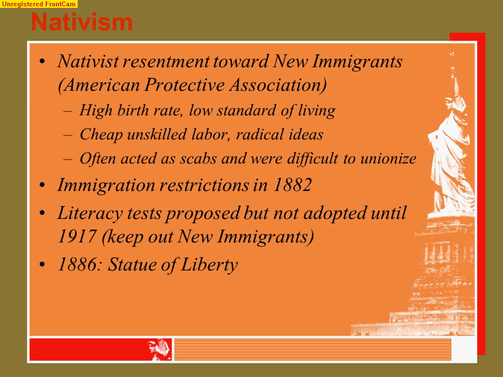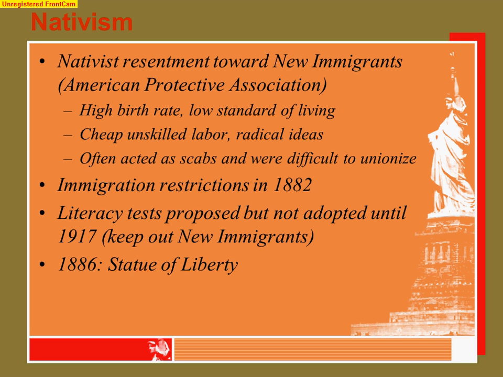So once again, the American Protective Association says that we need to protect American labor. We need to increase our immigration standards to keep these people out. And so we have seen already some immigration restrictions being put into place in the United States.